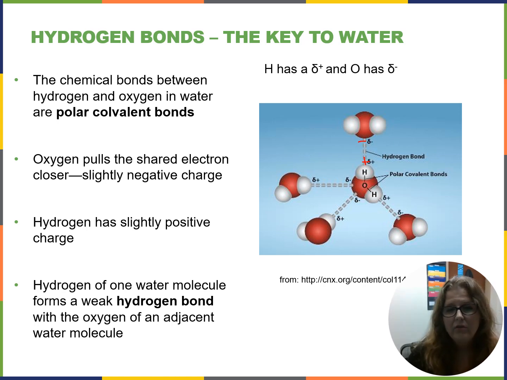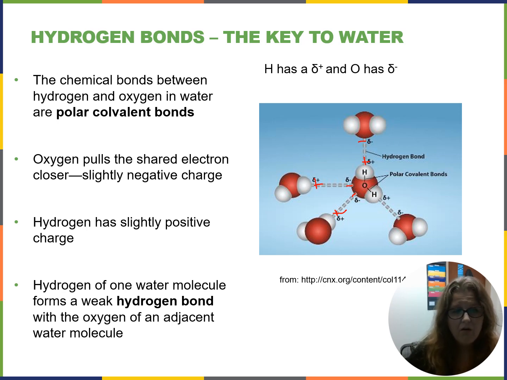Now, note this water molecule in the middle has actually formed several hydrogen bonds with different molecules. I mean, these two over here, their hydrogens are attracted to this oxygen over here. So again, these are weak bonds, but there's strength in numbers.